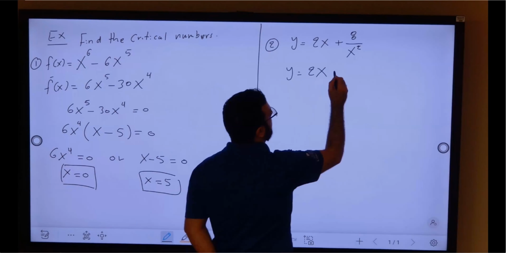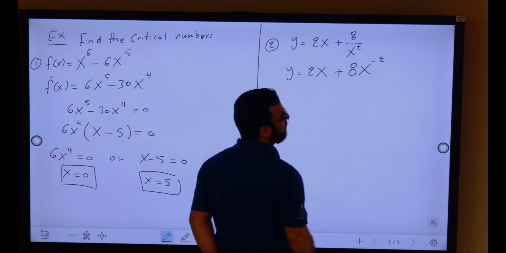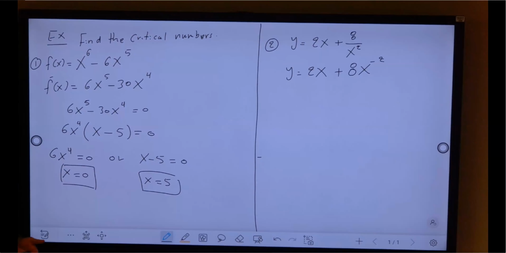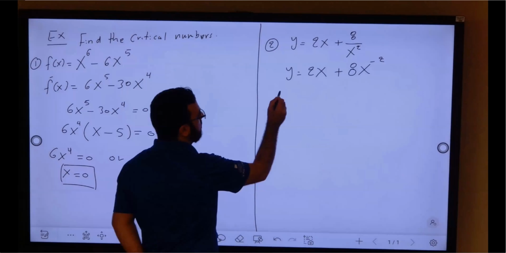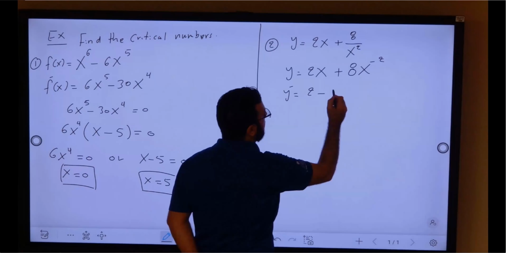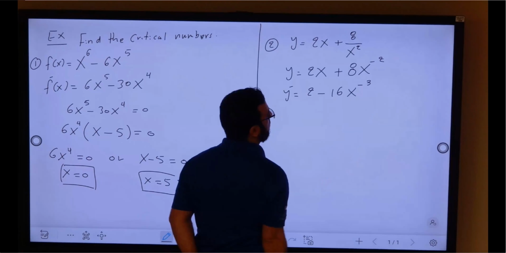So 2x plus, you're gonna say here is the same thing, 8x to the negative 2. And then the derivative is going to be y prime equals 2 minus 16x to the negative 3.